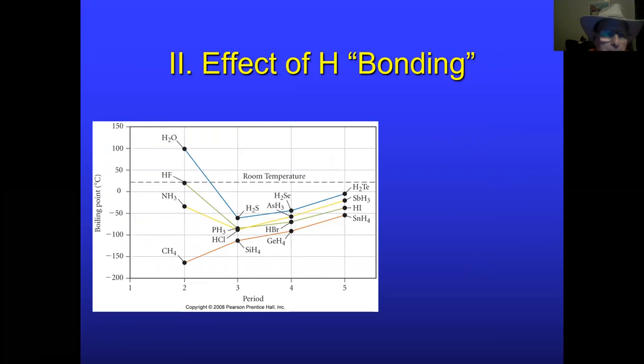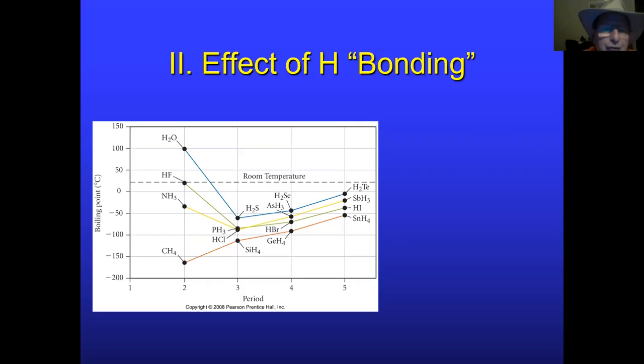Okay, let's look at some of these things. Do you remember when I said the larger molecules have more forces between them? Do you remember when I said that? Yes. So you would effectively think that something that has a large mass would be harder to boil, would be harder to make a gas.